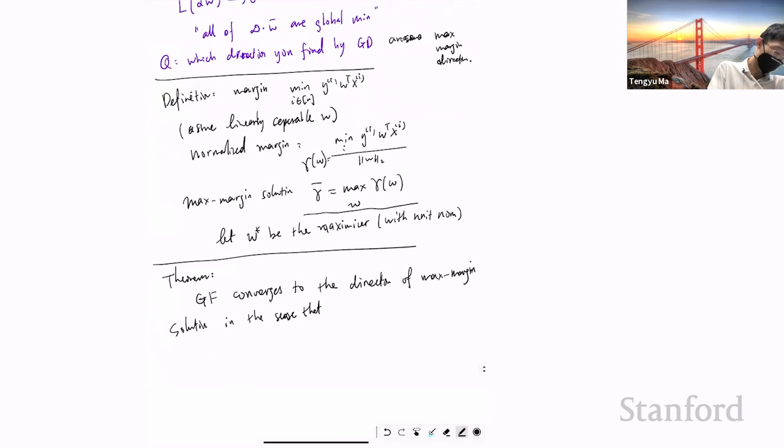We only say the convergence in the sense of the value of the margin. If you want the exact convergence in direction, it requires a little more work. So what we say is that the margin of your iterate will converge to the maximum possible margin, gamma bar, as t goes to infinity, where W_t is the iterate at time t.